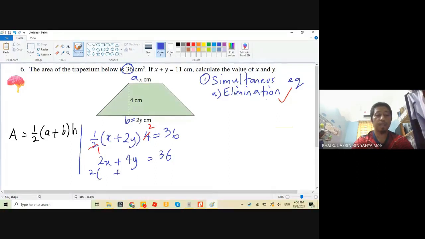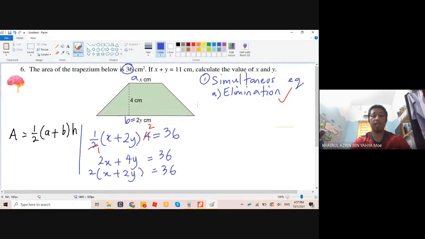Meaning in the bracket, I use the concept of factorization. In the bracket here, this is x, and then 4 divided by 2 is 2y. I hope you understand. If we expand again, 2 times x is 2x, 2 times 2y is 4y.